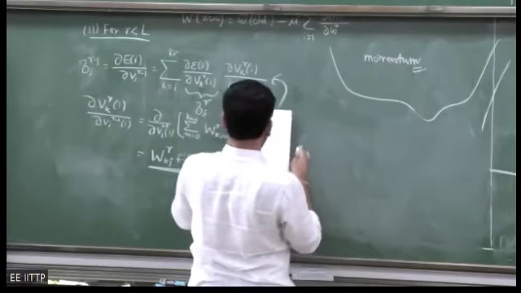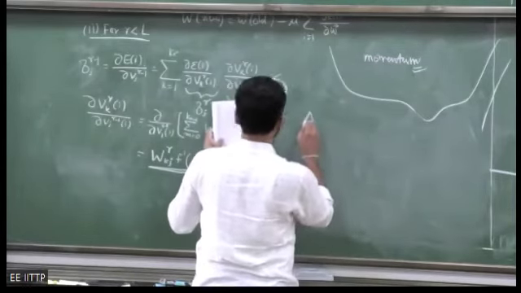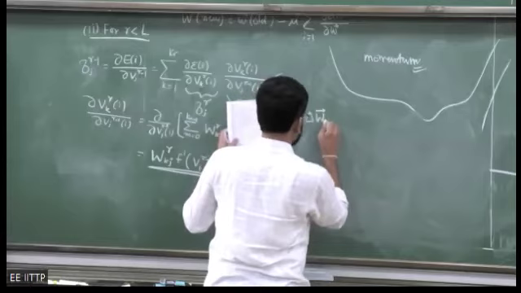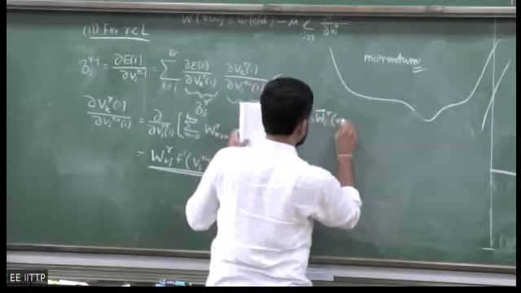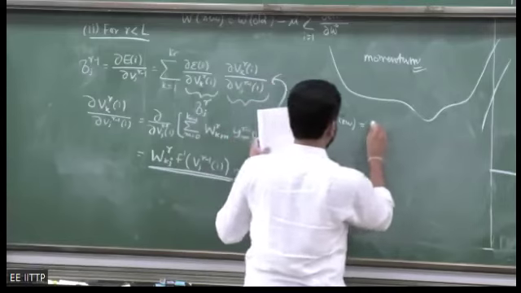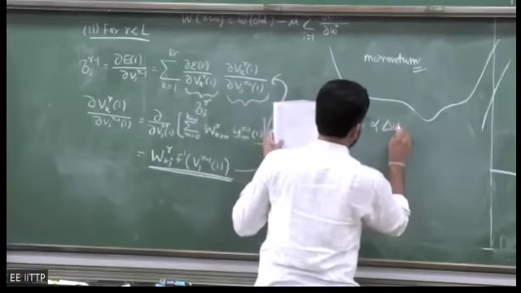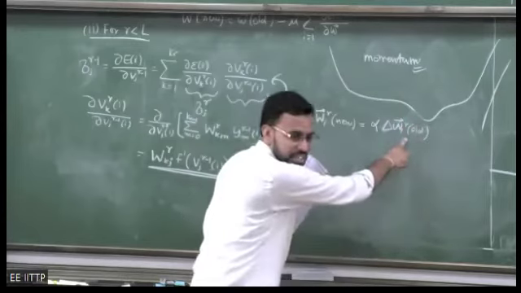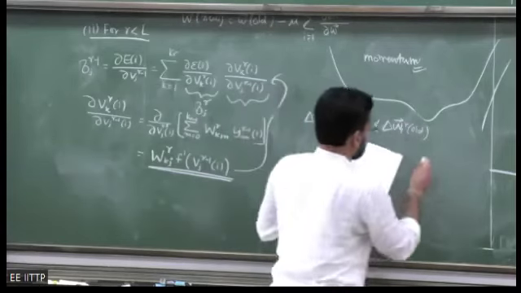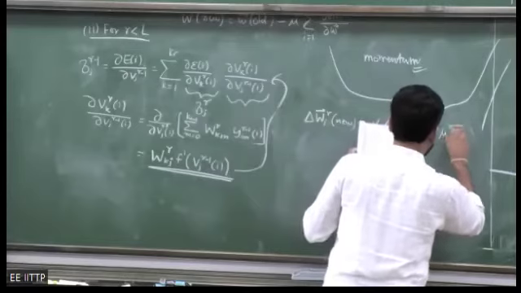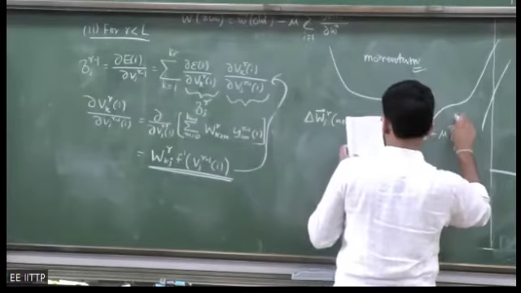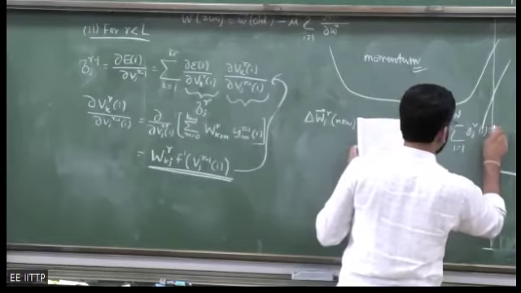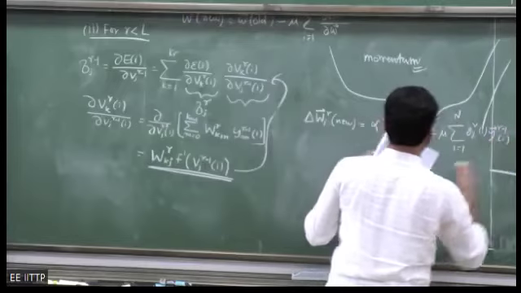For example, it would be something like this. My delta W bar for the jth neuron in the rth layer, the new value of that will be equal to alpha times my delta W for the jth neuron and rth layer in my previous iteration, minus then the sum over i equal to 1 to n of my delta j subscript r of i into y bar of r minus 1 of i.